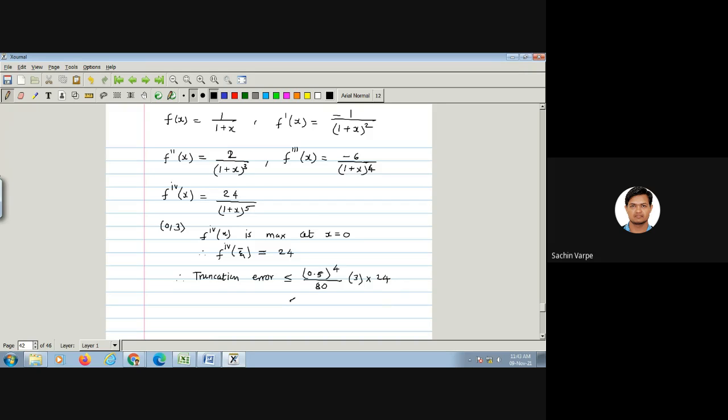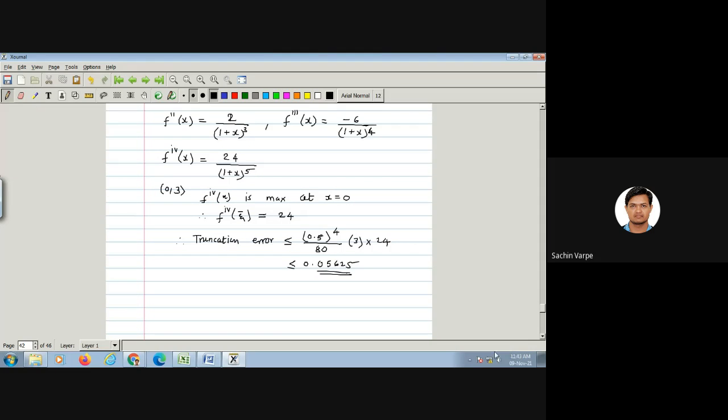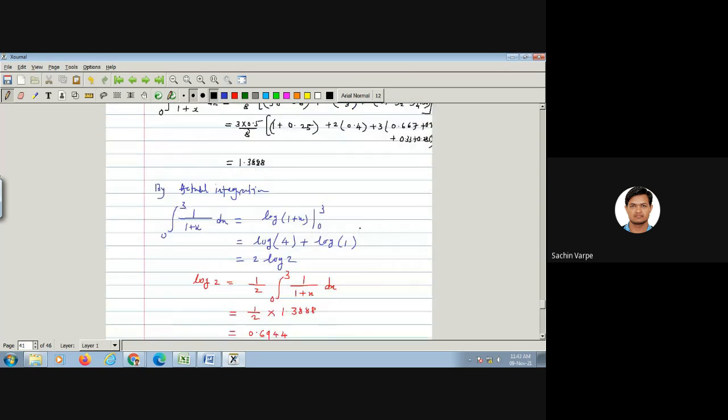So that is less than or equal to 0.5625. So this is the boundary of that error, bounds of error. Is this clear? Any doubt, any questions in Simpson's 3/8 rule?